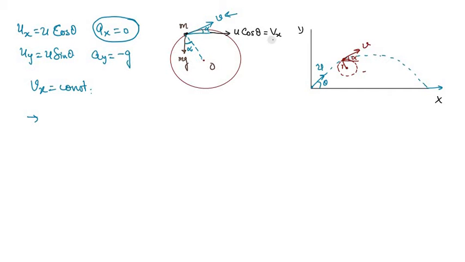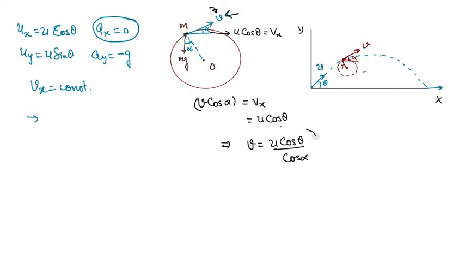If this is vx, then we know what will be the value of v. So we can write here v cos alpha. This velocity's cos component will be equal to vx, that is equal to u cos theta. So your velocity will be u cos theta divided by cos alpha. So that is your velocity at that angle alpha from the horizontal.